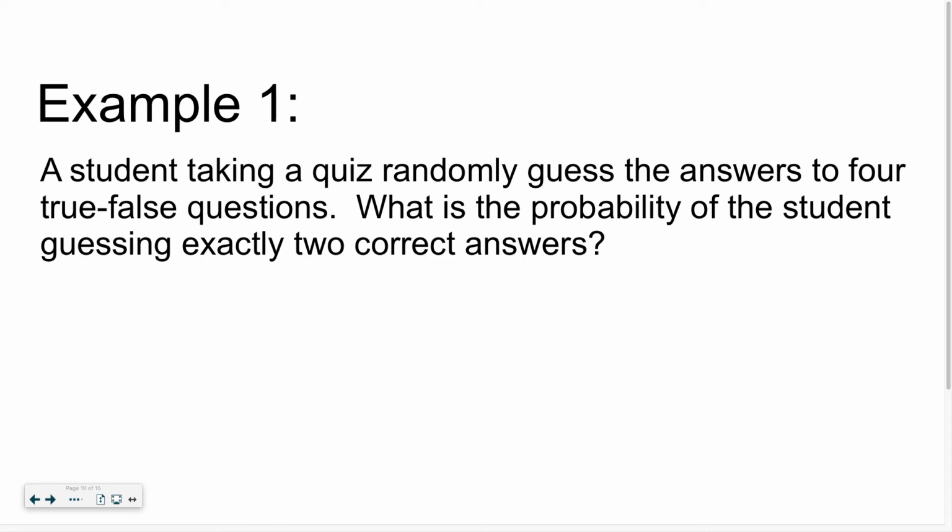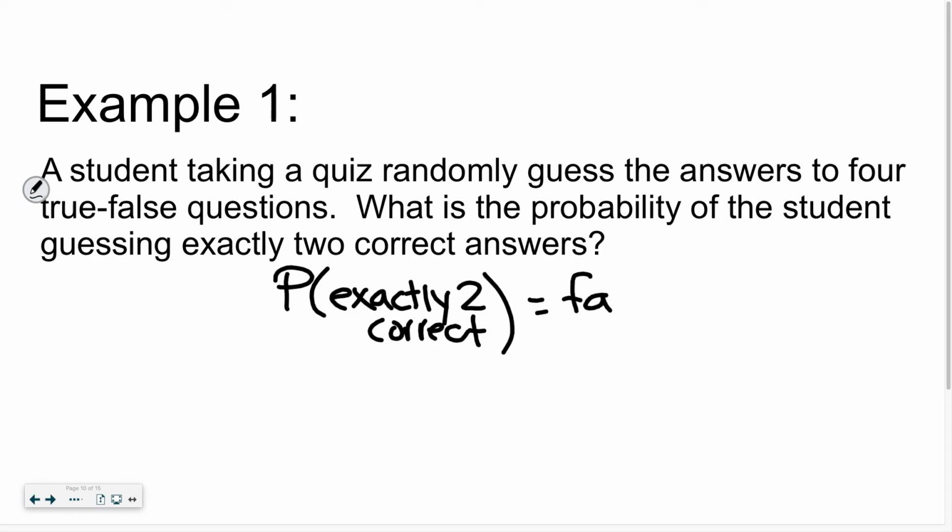So I'm going to write it out in probability notation. I'm going to say the probability of exactly 2 correct. And remember, probability is favorable over total. Okay, so let's tackle the total.